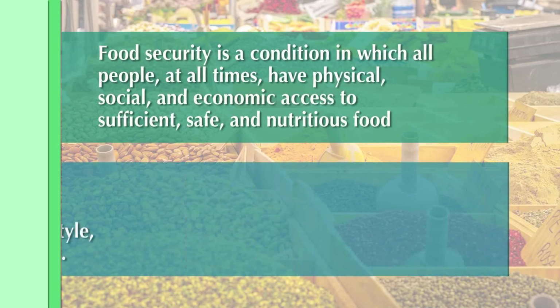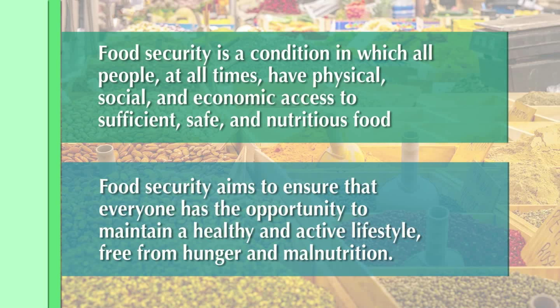So we will start first, what is food security? Food security is a condition in which all people at all times have physical, social and economic access to sufficient, safe and nutritious food that meets the dietary needs and food preferences for an active and healthy life.